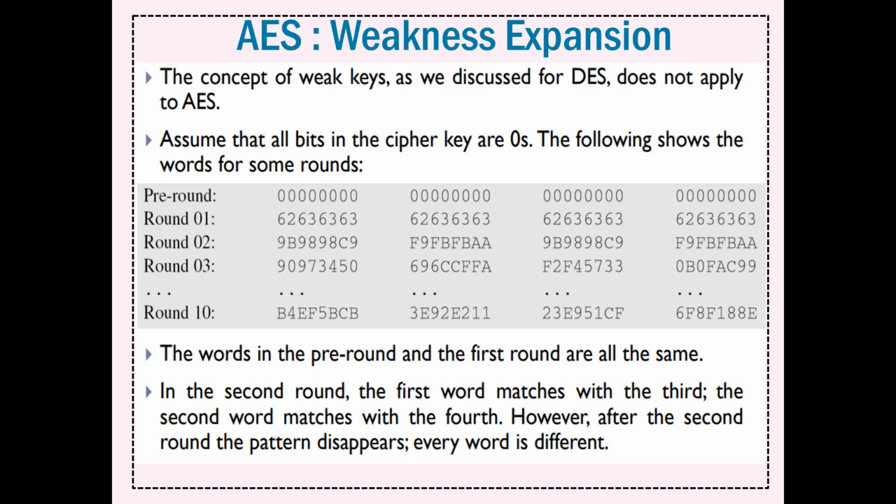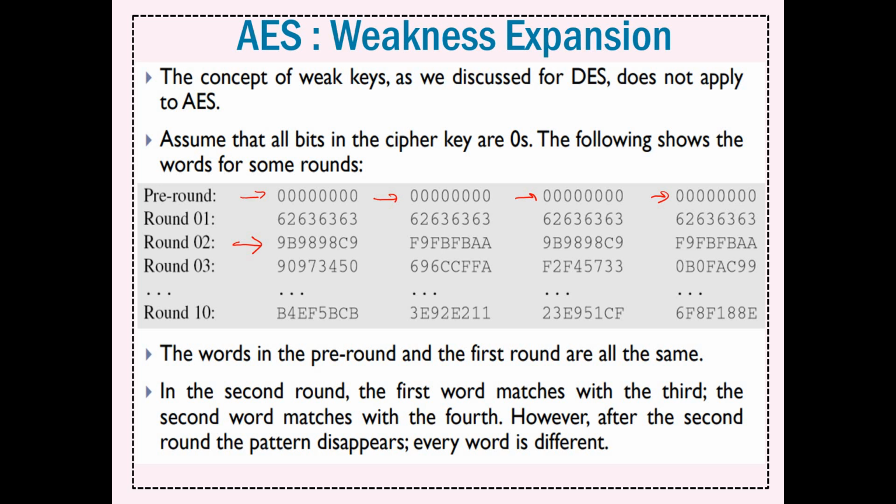But in AES, even if we choose W0, W1, W2, W3 as all zero keys, after 2 rounds all the keys are completely random in nature. That is the beauty of AES: even with all zero keys, post round 2 you will get all random keys. That is definitely an advantage compared to DES.